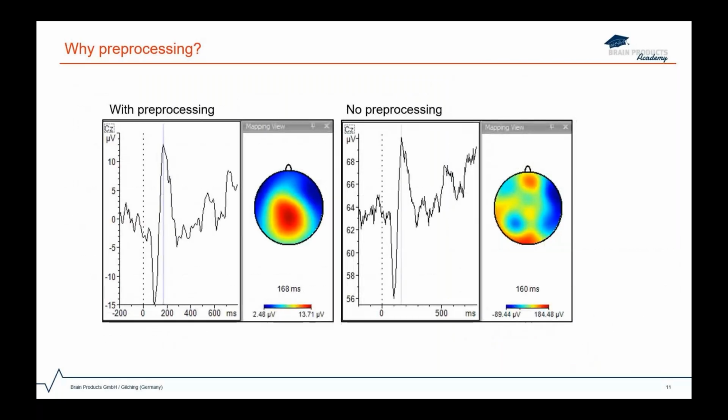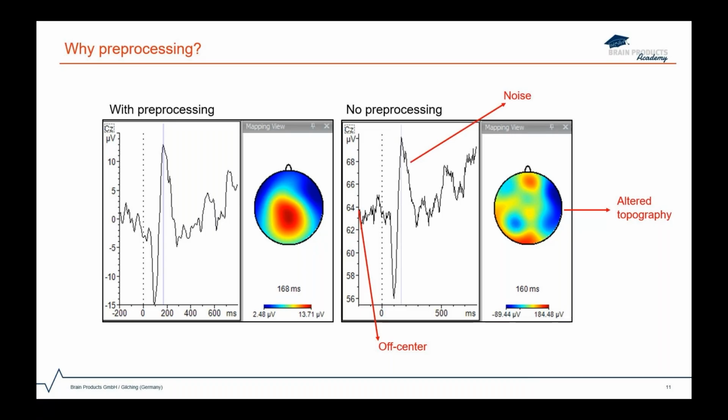So here, for example, if you look at the waveform on the right without preprocessing, as we've mentioned before, it's off-center, but the consequence of this is that the mapping here is not precise. The topography is altered because it's reflecting the offsets of different channels rather than the topographic distribution of our ERP waveform.